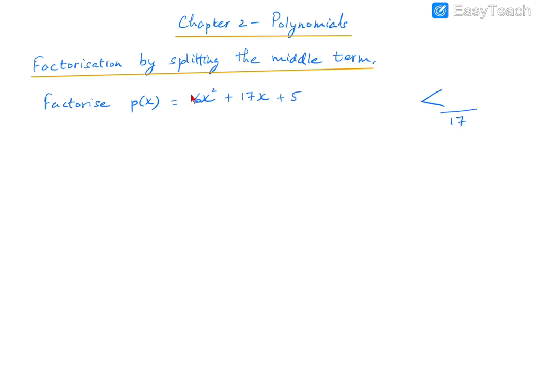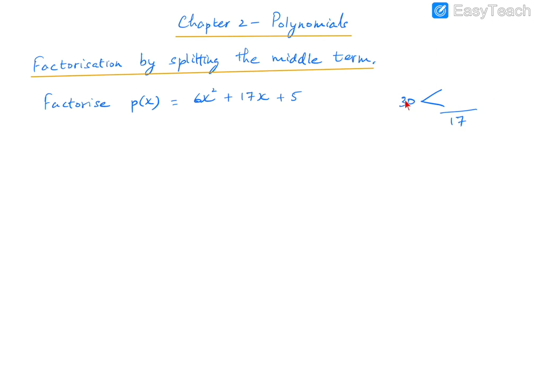Here a is 6 and c is 5, so a into c is 6 into 5, which is 30. So we need to split 17 into two parts such that those two parts have a product of 30, and when you add them, they give us 17.